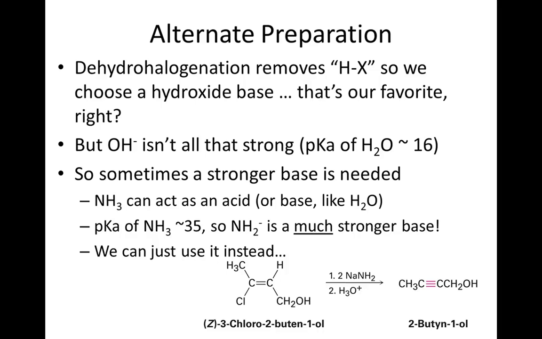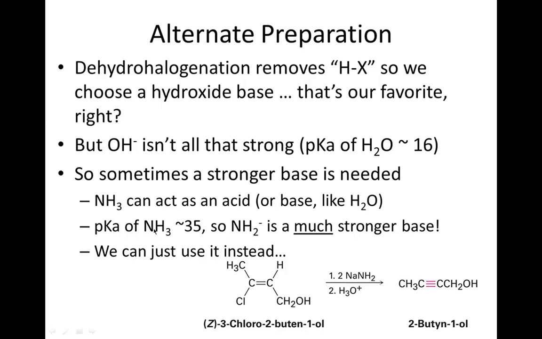And the stronger base that is popular for this particular application is to use the anion from ammonia. Now, I know you remember that ammonium hydroxide is a weak base, but we're not talking about an aqueous solution. We're talking about ammonia all by itself can act as an acid and give you this NH2 minus anion.